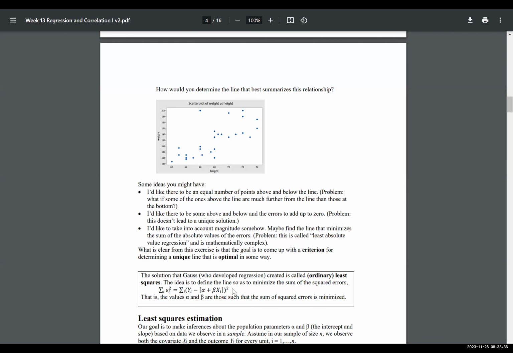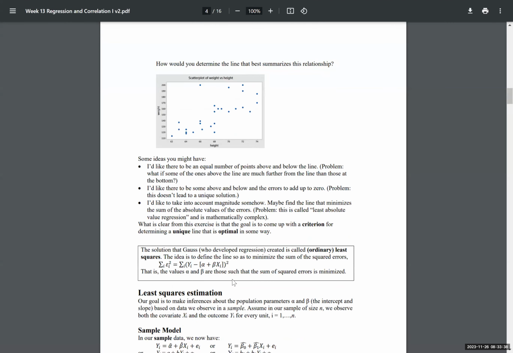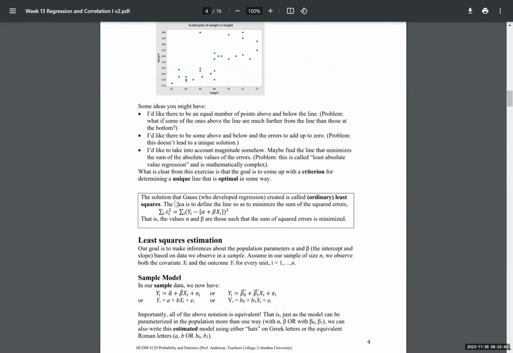And so, this method was developed by the mathematician Gauss, I think around 1890, maybe, something like that. He was actually studying heights and weights, which was the first regression problem. And he came up with this criterion called ordinary least squares.